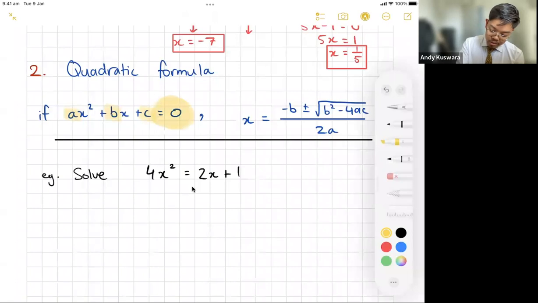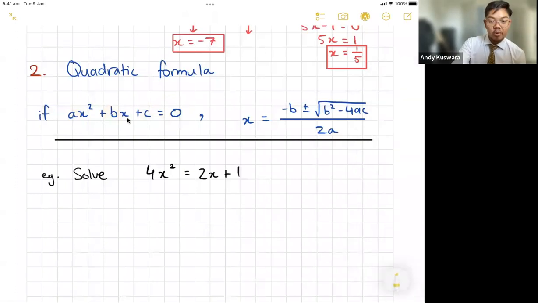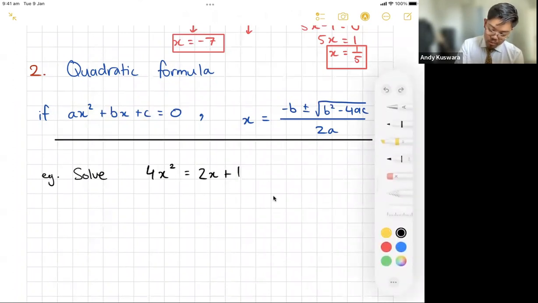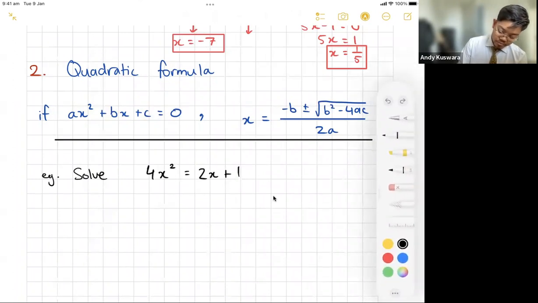So if we take a look at the question we've got down here, using the quadratic formula, we can see that it is not in the same form. We do see that A is 4, but I don't have it all on one side equaling 0. So my first move is going to be to get it all on one side together.